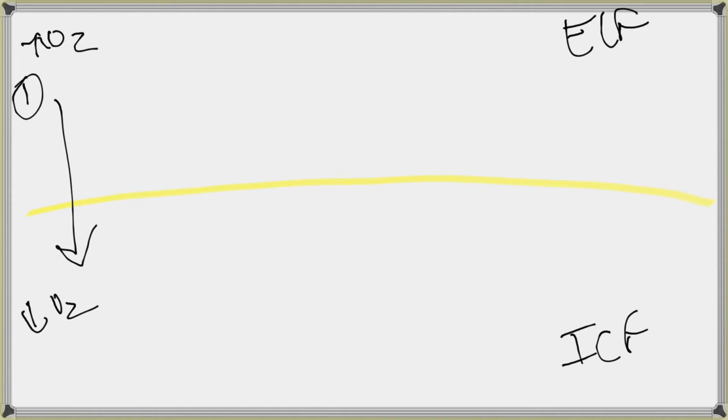Number two says potassium is moving down its concentration gradient. So potassium is going from high potassium to low potassium. I don't know if you guys remember this, but hopefully you do. Potassium is high here and it's low here. How is it going to move? Well, can it move directly across the cell membrane? It can't. Who remembers why?